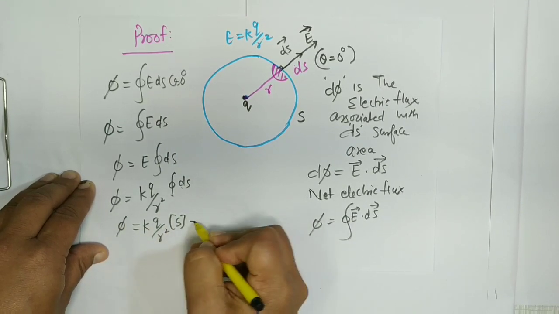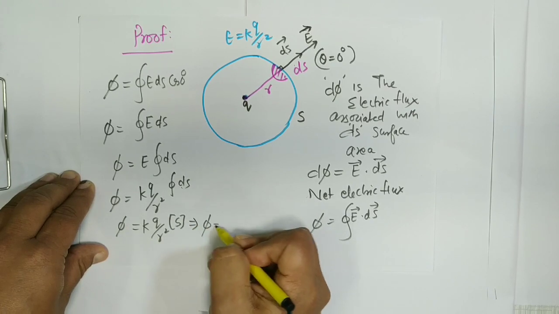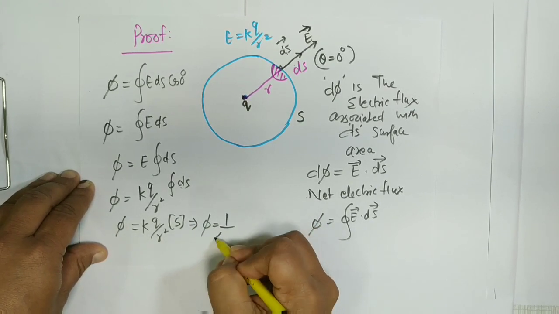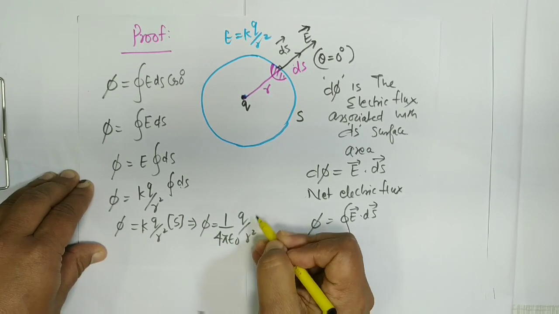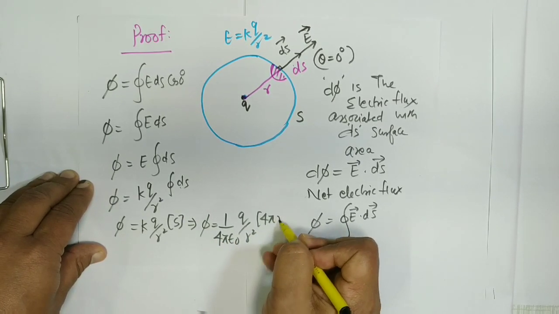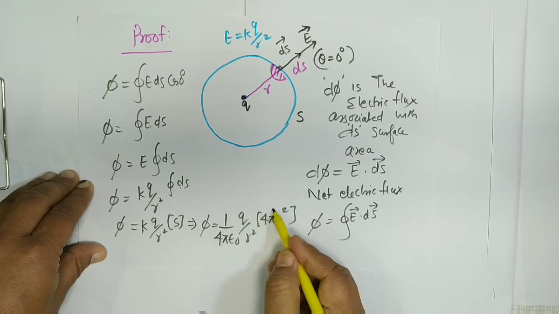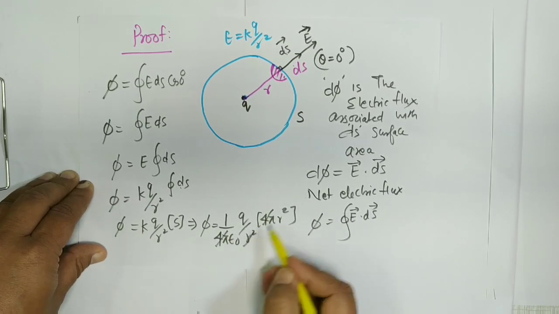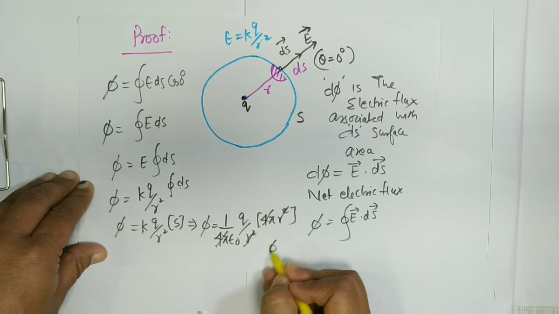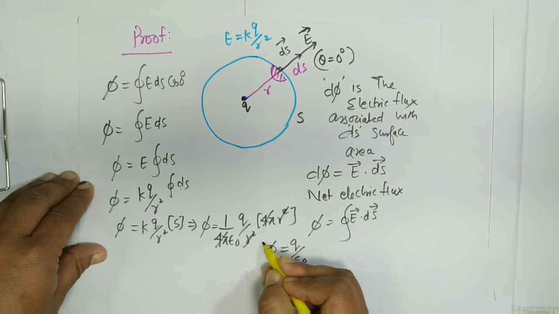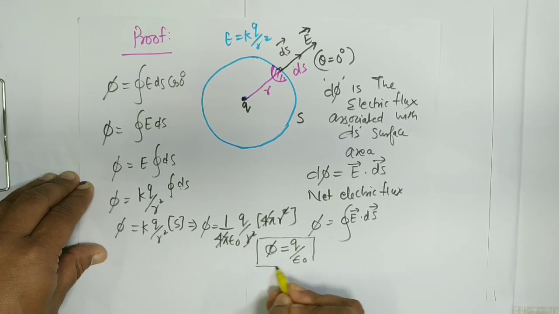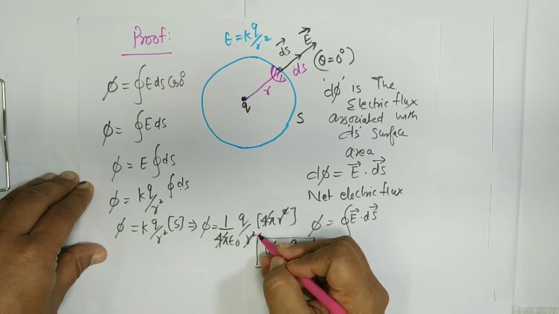It will be the surface area, and k is 1 upon 4 pi epsilon naught, q by r square. What is the surface area of the total sphere? 4 pi r square. So 4 pi cancels, r square cancels. Finally phi is simply q by epsilon naught. So this is Gauss theorem.